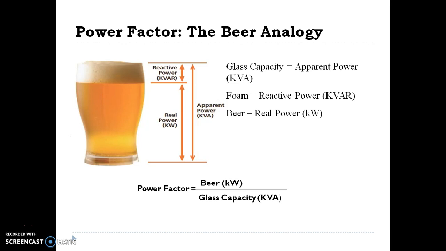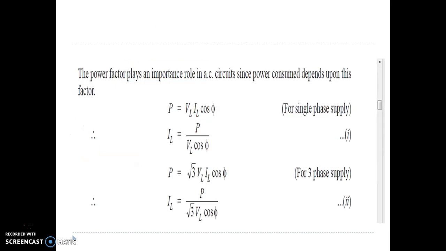Based on the power factor only, the energy consumption, that is the energy bill we are paying to the government, varies. If the power factor is low, we are paying more energy bill. If the power factor is high, we are paying less amount of money to the government. From this definition, we know the formula for power.